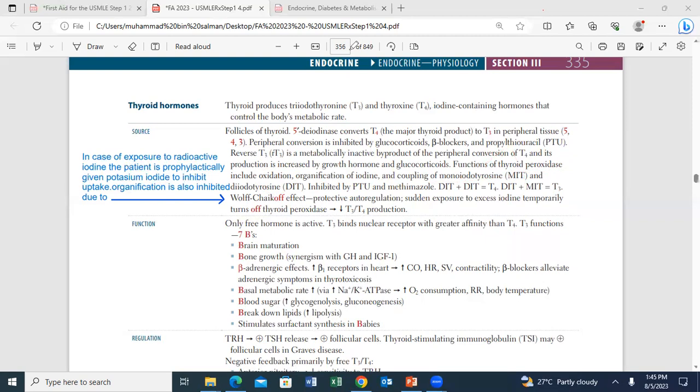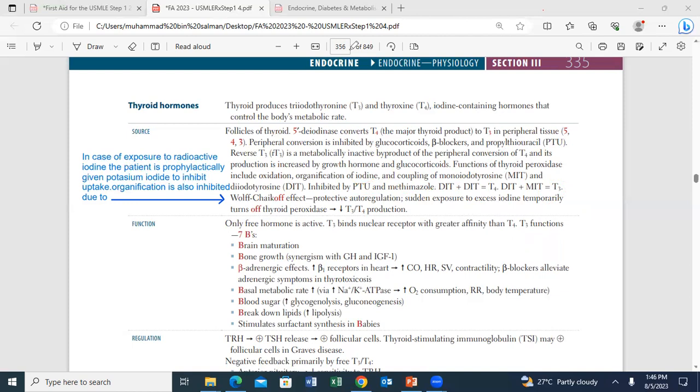As you can see, DIT plus DIT gives T4 and DIT plus MIT gives T3. And again, we have PTU and methimazole, which inhibit this. Both of them are called thioamides. We will study them in pharmacology.